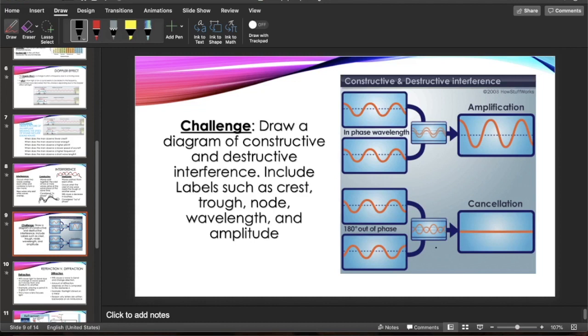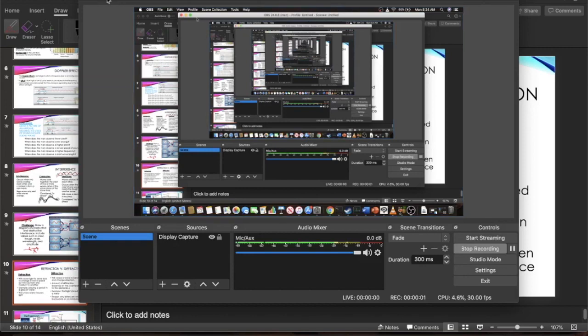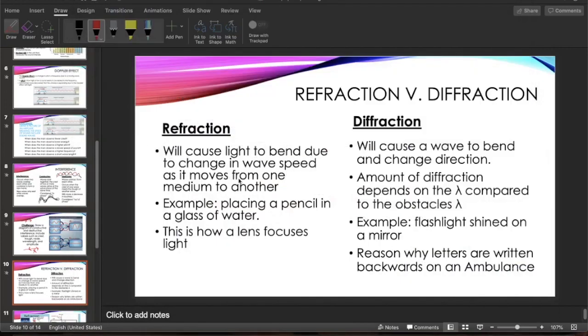As you can see here, my circle is showing that these two are causing the disruption, and then these two are working together in order to make that amplification happen, or vice versa, that cancellation happen. The next thing we're going to be talking about is refraction and diffraction.